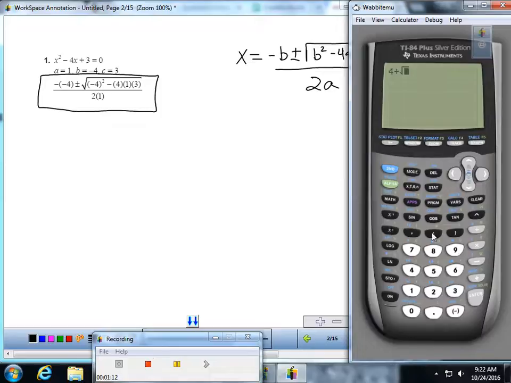You need to type -4 in parentheses, and then square it, out of your parentheses, minus 4 times 1 times 3. My suggestion is hit enter, then divide by 2 times 1, and that's your first answer.